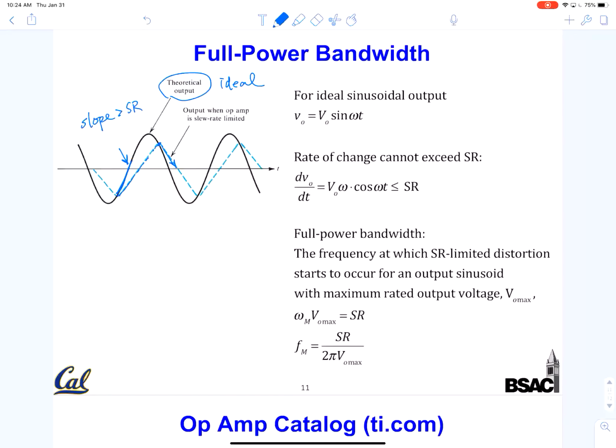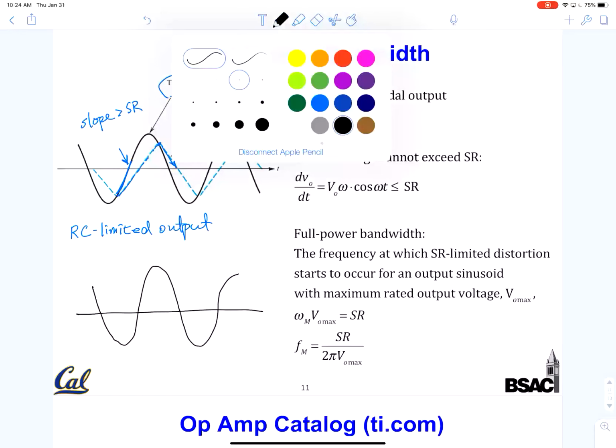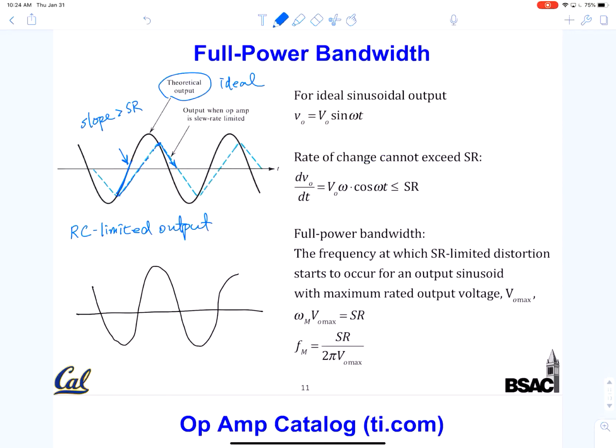In comparison, what would you see if it is purely RC limited? Let me reproduce the ideal output here. It's hard to draw a sinusoid. So this is your ideal output, and you are not slew rate limited. Your output may be diminished.